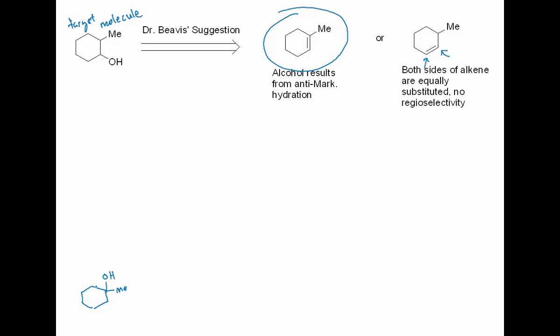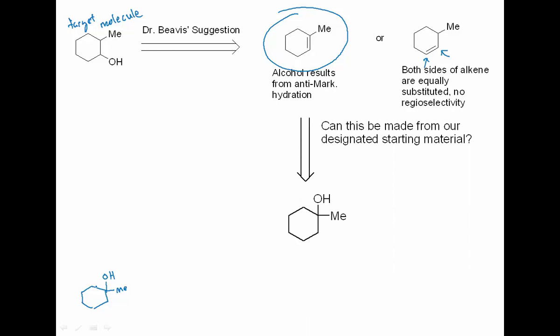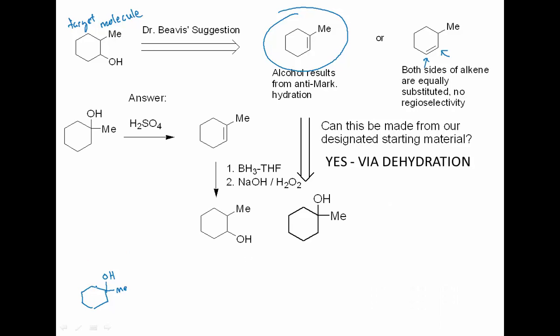And if you look at this compound here and this compound here, of course they're related by a dehydration process, right? Yes, by dehydration. All right. So here's the answer. It's a two-step synthesis. Okay? We treat it with sulfuric acid.